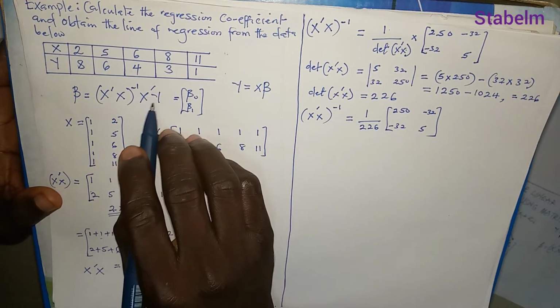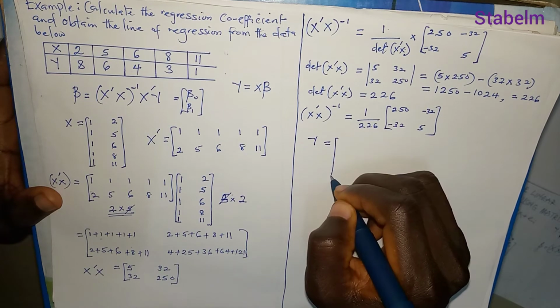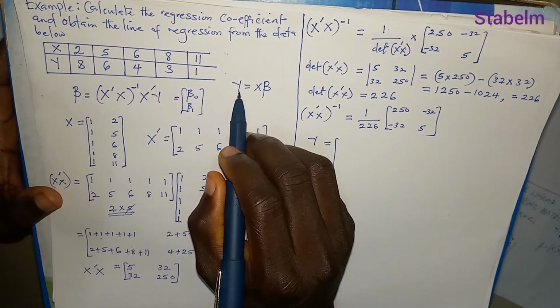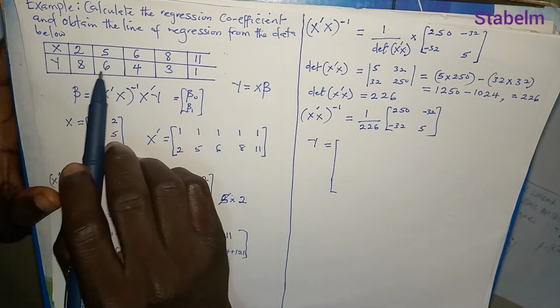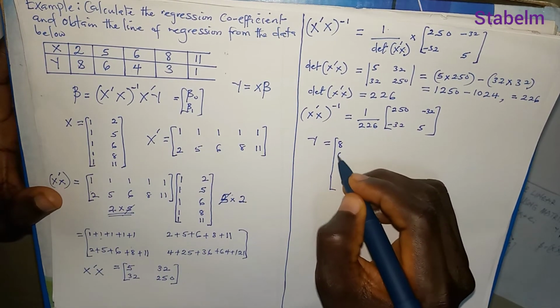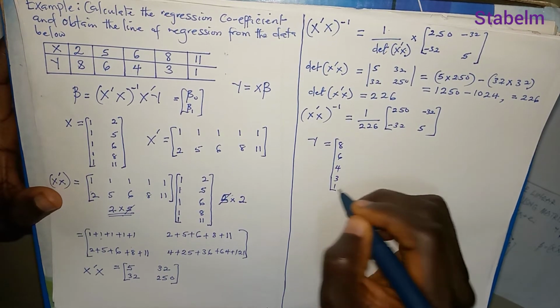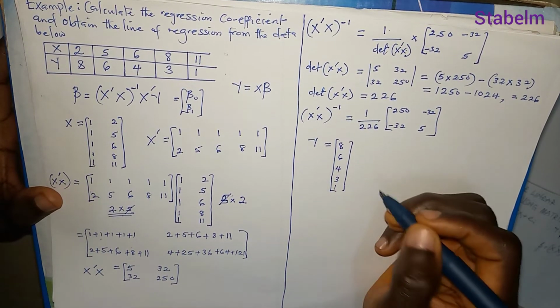Now, what is our matrix y? Matrix y is given as this. You can see we only have one column of y, and these are the values of y: 8, 6, 4, 3, 1. So what do we know now?